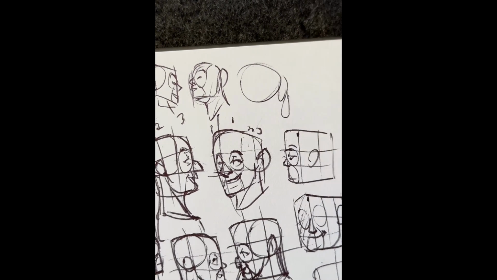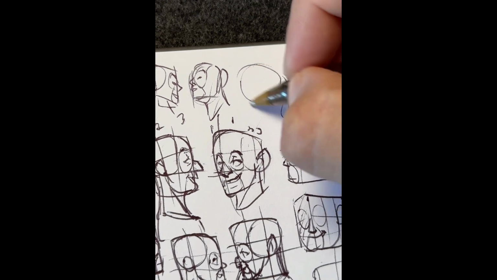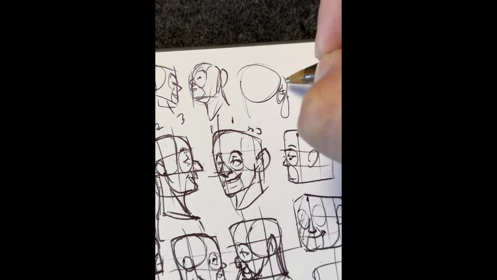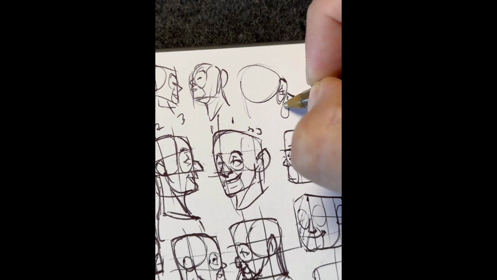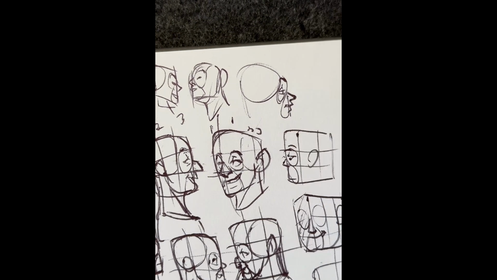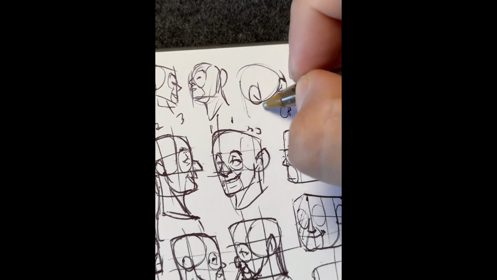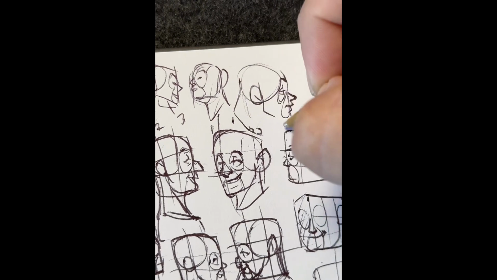This is essentially the breakdown of the human structure. And you can apply that concept to any character shape that you feel like. This could be a big buff dude.